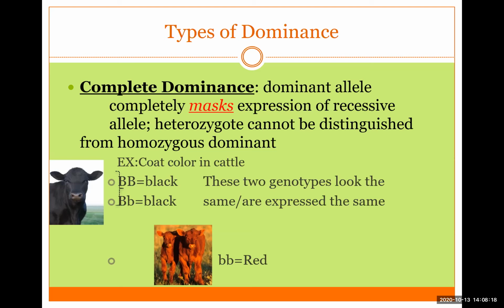Red. She was red, right? And if she is red, because this is a completely dominant trait, what does her genetic code have to be? Lowercase b, because she's red. So she can't have any of the uppercase copies, right? So she looks like this, lowercase b, lowercase b.